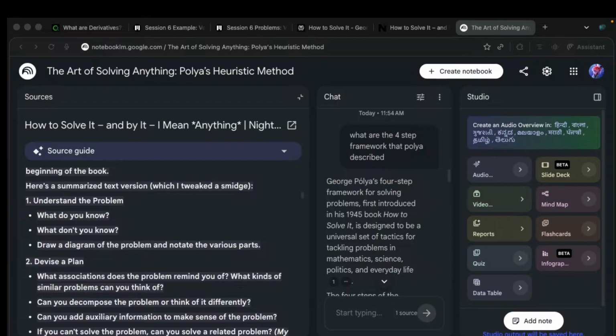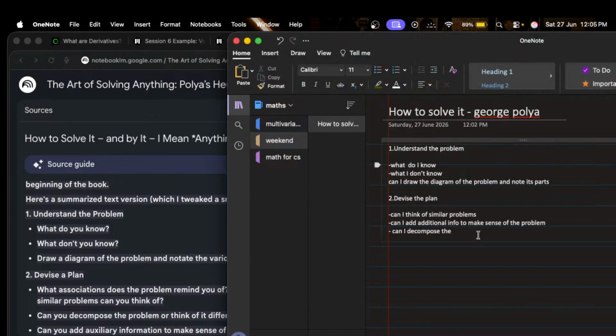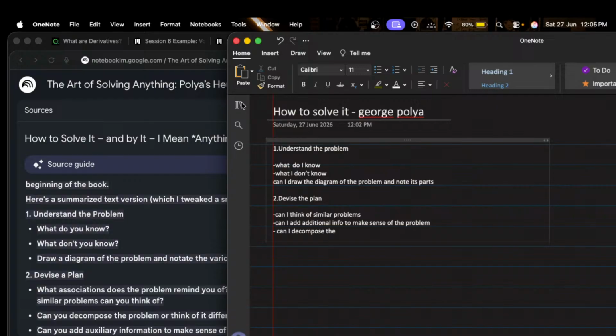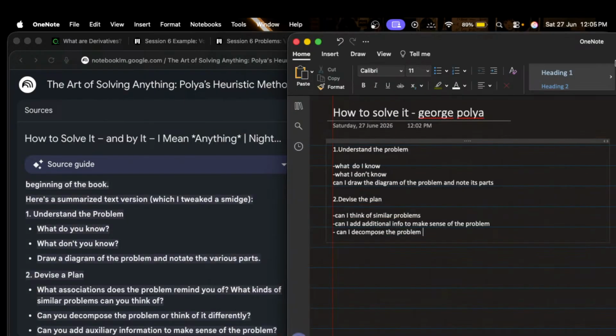Okay, so basically, I was just writing these things in my notes. Yeah, can I decompose the problem? I can just copy paste it, but I want to write it in my own words, so it would be easy for me to go through it and revise whenever I want to.